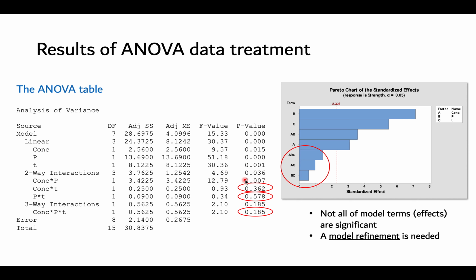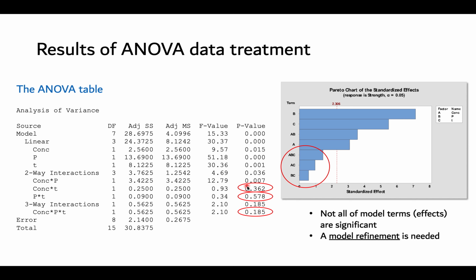Now, if we look at the two-way interaction, for the interaction of concentration and pressure, the p-value is less than 0.05, while for the two-way interaction for concentration time and pressure time, the p-value is more than 0.05.